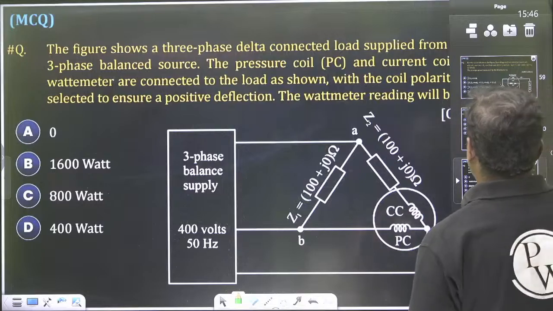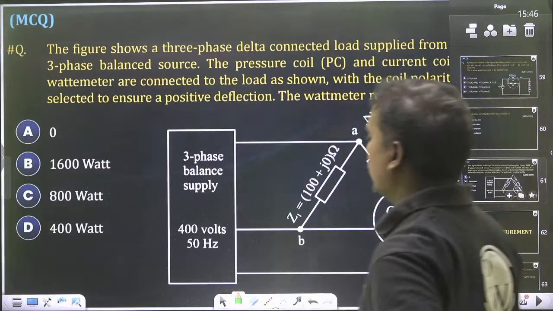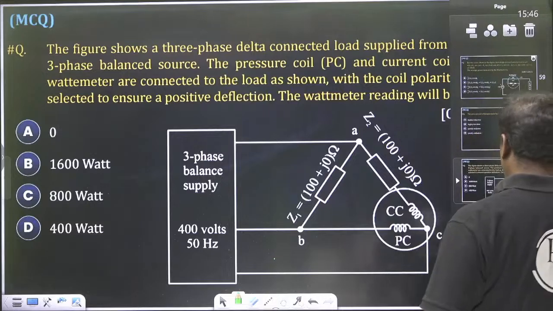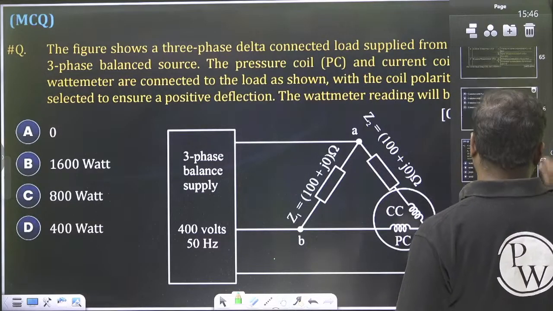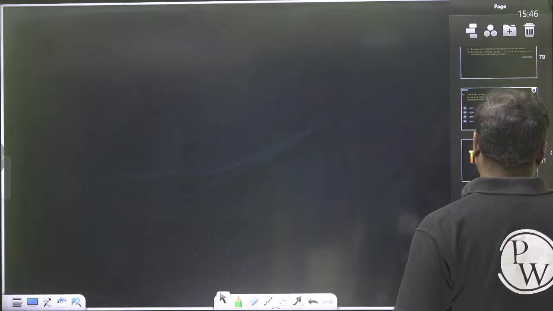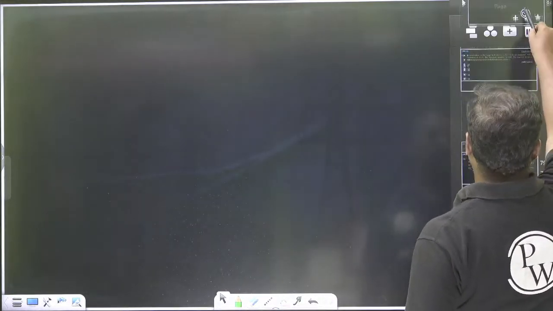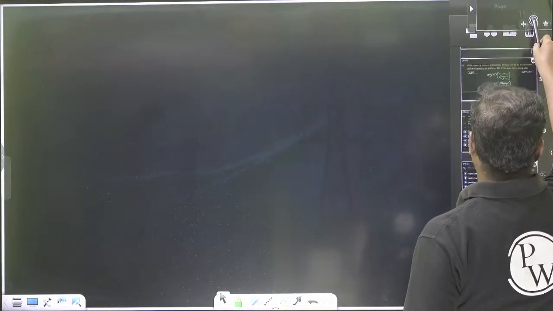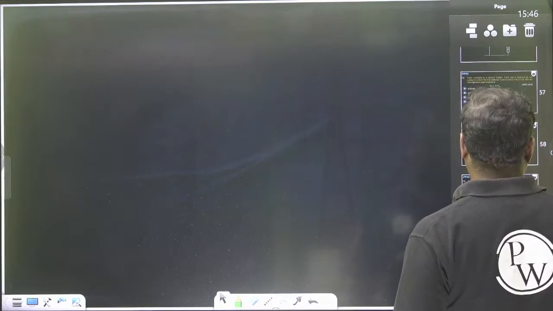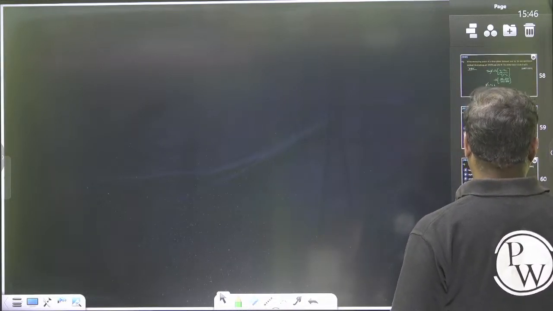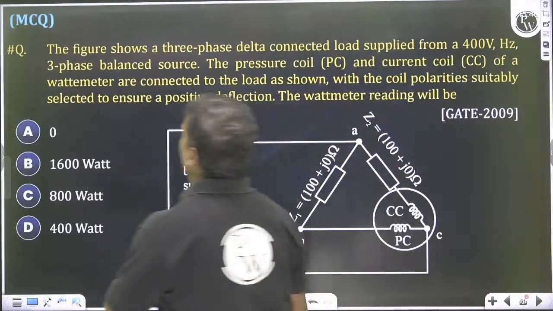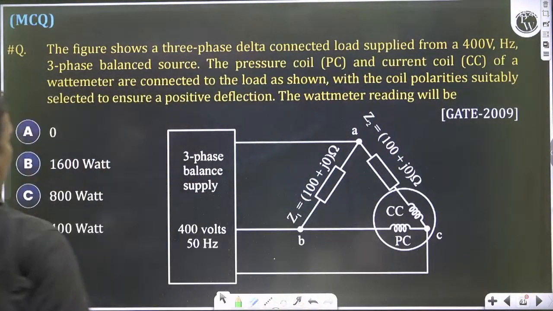Try to solve this question. GATE 2009. The figure shows a three-phase delta connected load.